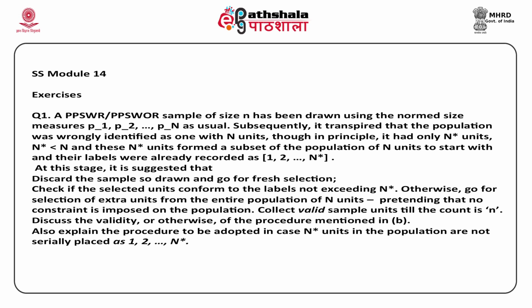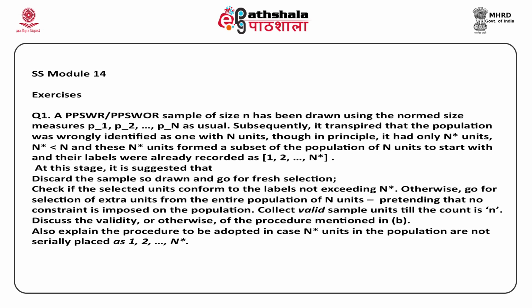Subsequently, it transpired that the population was wrongly identified as one with capital N units, though in principle it had only n star units, n star less than capital N, and these n star units formed a subset of the population of N units to start with, and their labels were already recorded as 1, 2, 3 up to n star.